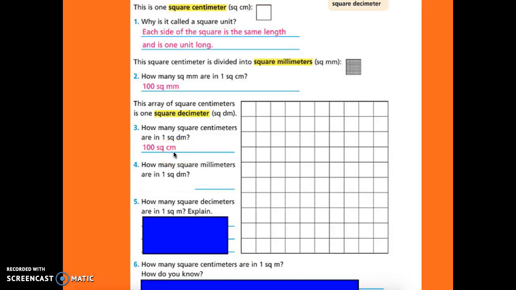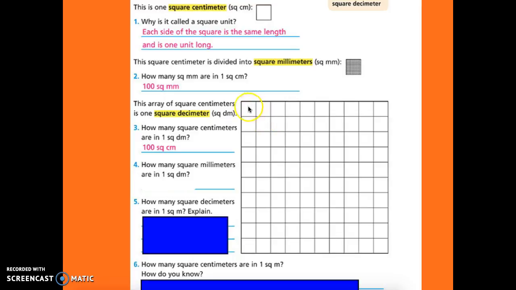You are right on. Now this is the big question. How many square millimeters are in 1 square decimeter? So how many little teeny squares are in this huge block? So remember, there's 100 per one of these, right? So 100, 100, 100, 100, 100, 100. How many would that be?